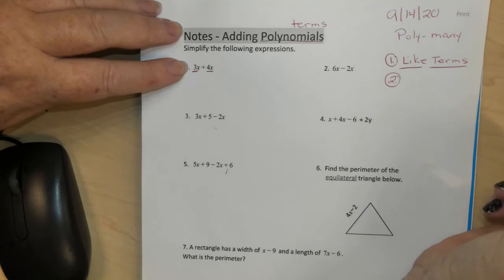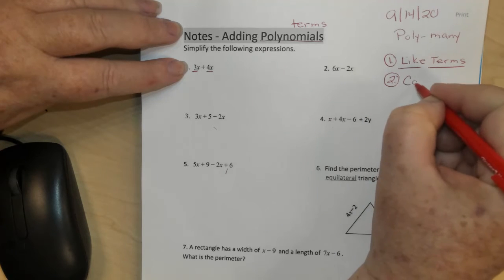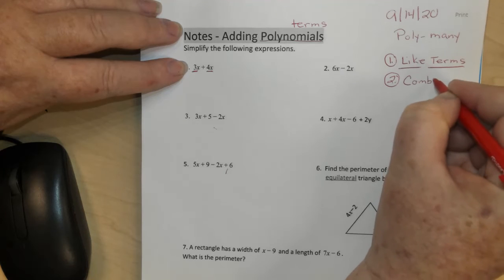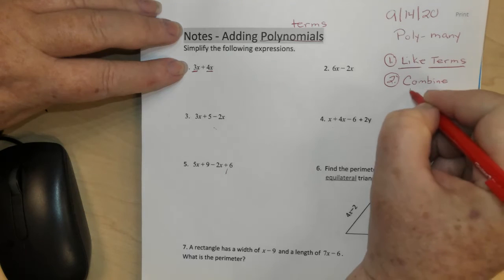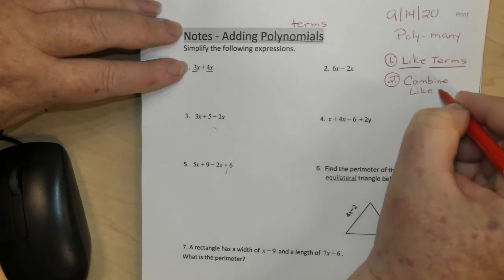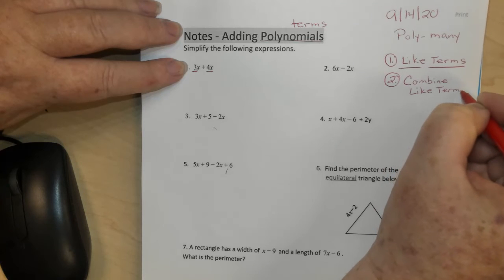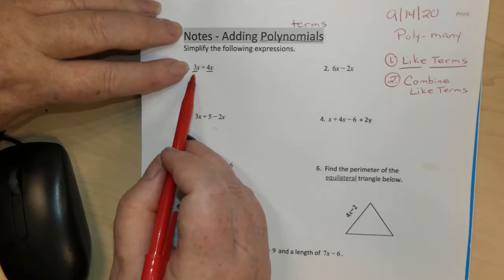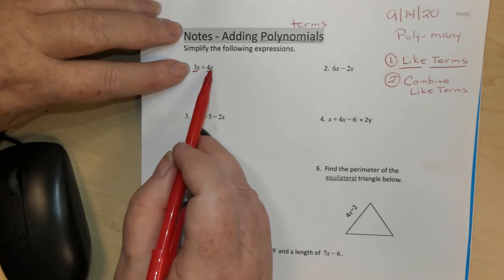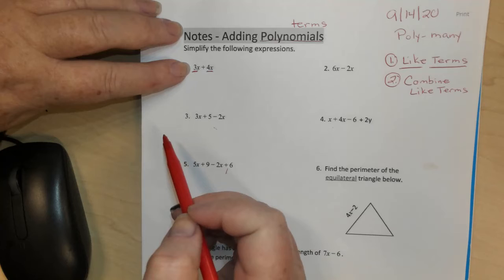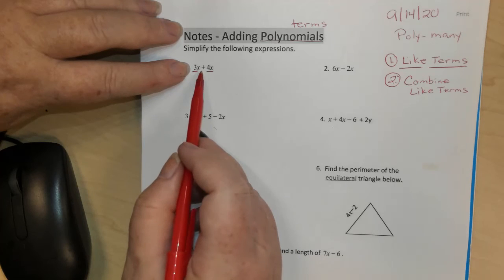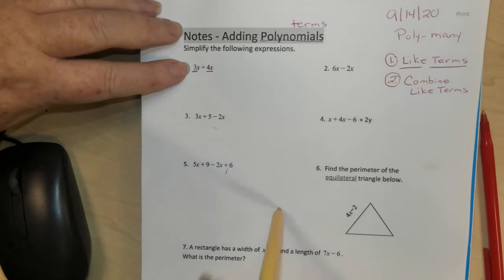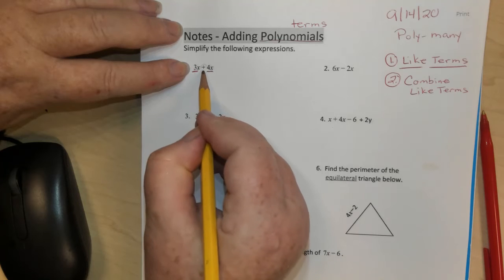After you find your like terms, you combine them. So look at one here. Let's put these together. We have a 3x and a 4x. We're going to combine them. What's the operation in the middle? Addition.